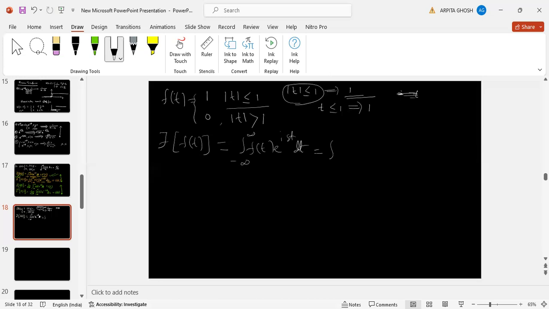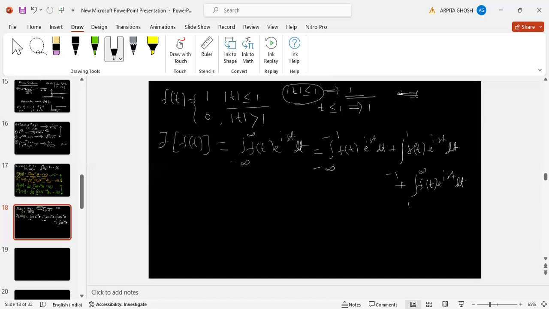There is no need to go to 0. Look, this is equal to the integral from minus infinity to -1 of f(t) e to the power ist dt, plus the integral from -1 to +1 of f(t) e to the power ist dt, plus the integral from 1 to infinity of f(t) e to the power ist dt.